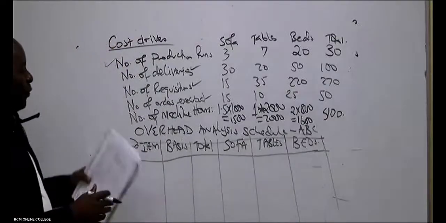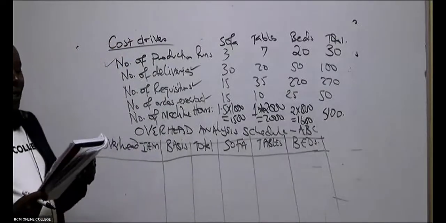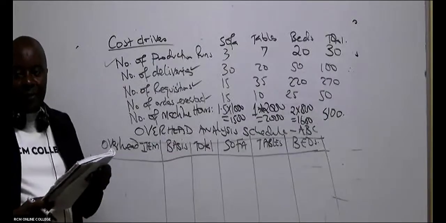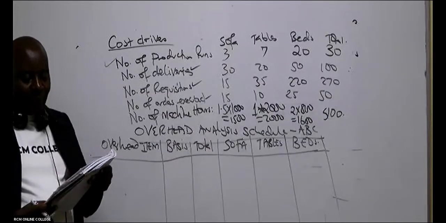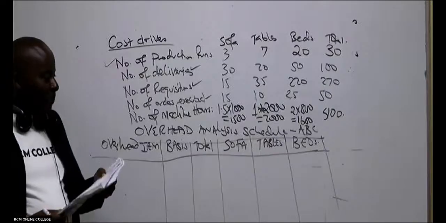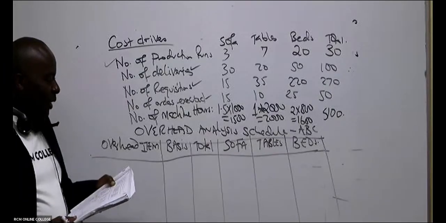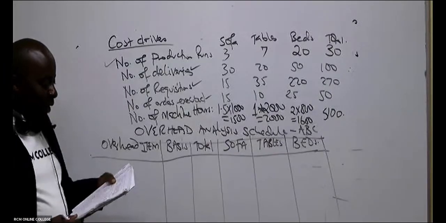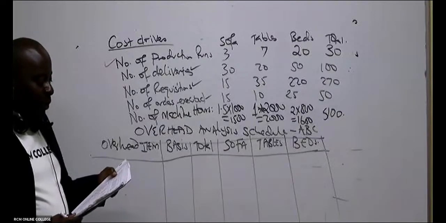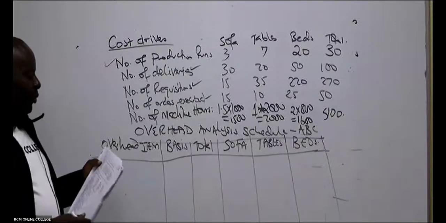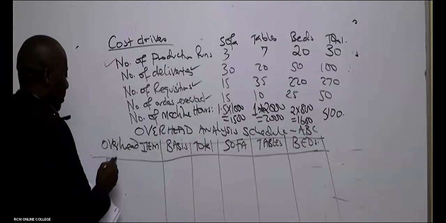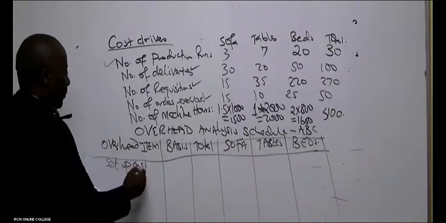So we start with the first overhead item. Is there anybody who is able to see the first overhead item? The first overhead item is known as what here? Setup costs.